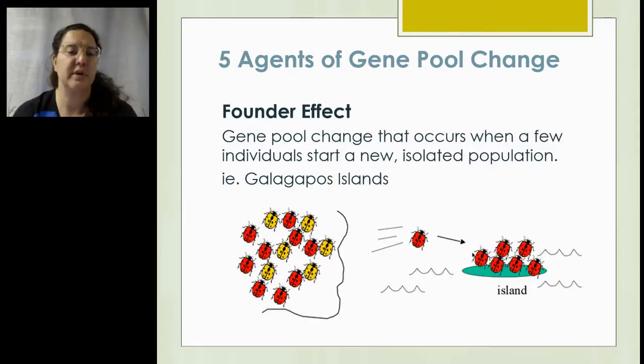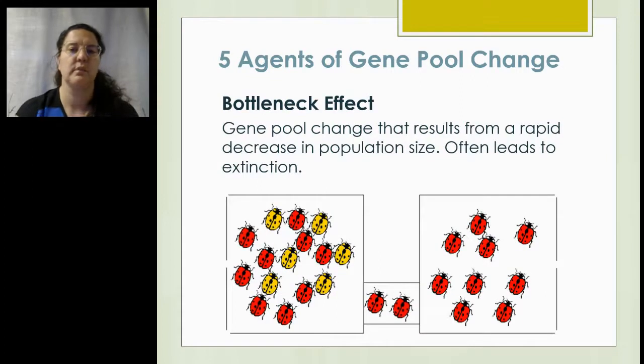Gene pool can also be changed by the founder effect. So this occurs when a few individuals start a new isolated population. So this can happen with animals on the Galapagos Island, and we can see this happen in human populations when a small group of people go to colonize a new location. And then lastly, the bottleneck effect.